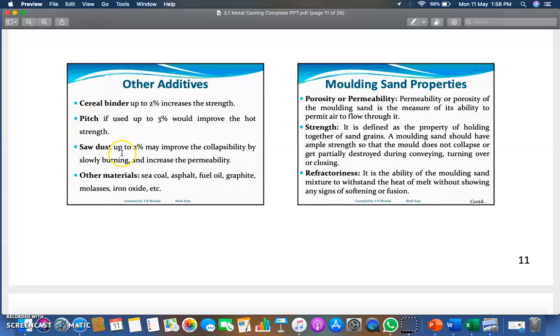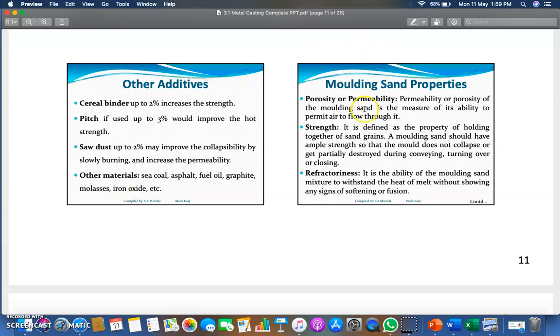Sawdust up to 2% may improve the collapsibility. If you add sawdust up to 2%, it will increase the collapsibility of your molding sand. Other additives are sea coal, fuel oil, graphite, iron oxide, and many more. Those materials can also be used as additives.